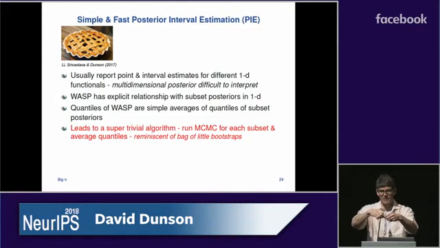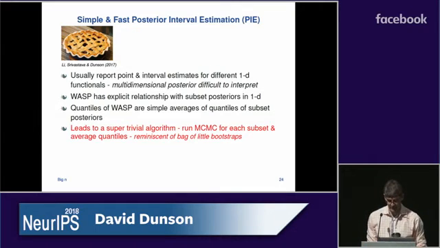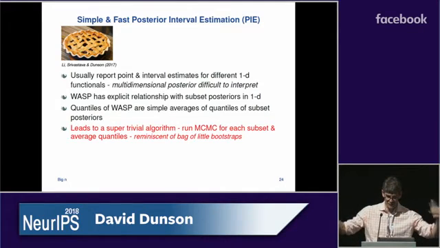Based on that, we can get a provably super accurate 1D posterior approximation for any functional of interest, with very strong theoretical guarantees and good performance. And it's really, really easy. All we do is break the data up, put it on different machines, run MCMC in parallel, calculate a percentile or quantile for any functional of interest, send those back to the central processor and average them.